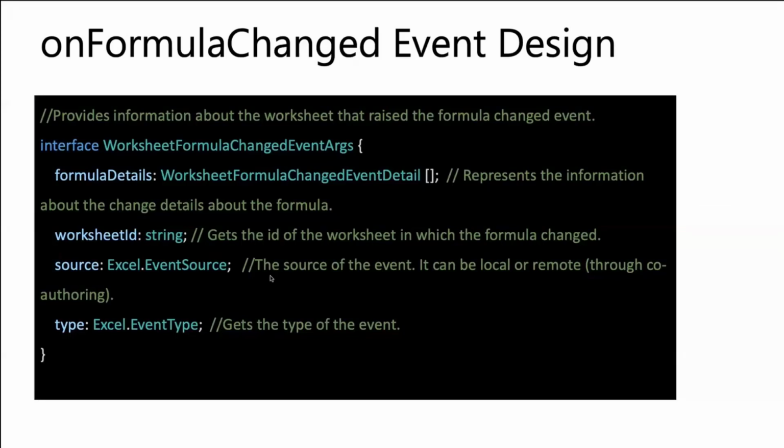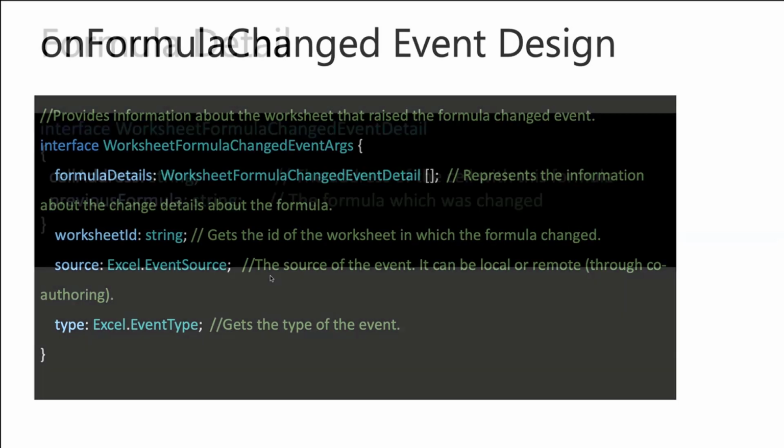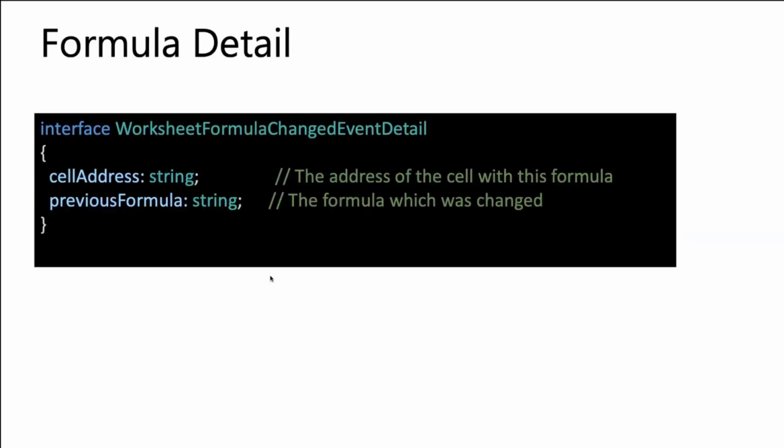Here I would like to introduce the design for this event. When you listen to this event, we provide the following information. First is the formula details. The formula details include two pieces of information: the cell address, which indicates the cell that you changed, and the formula, or previous formula, that the end user overwrote.